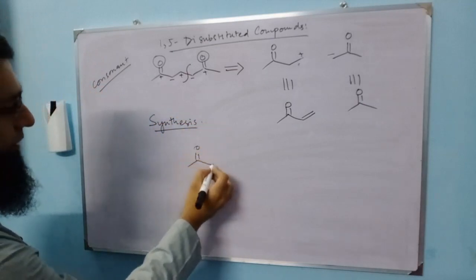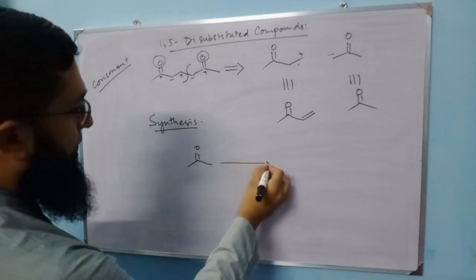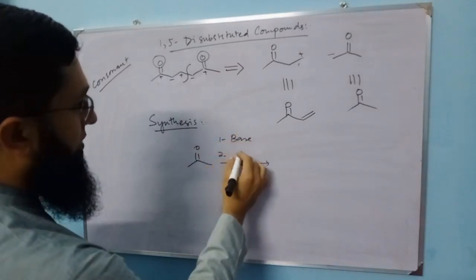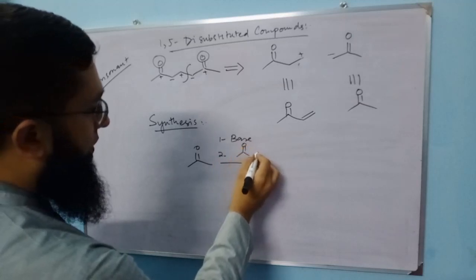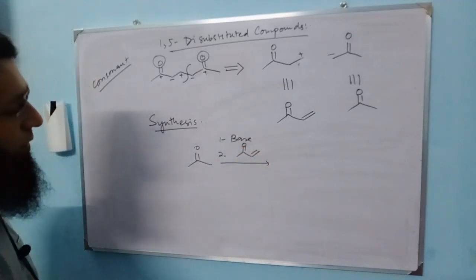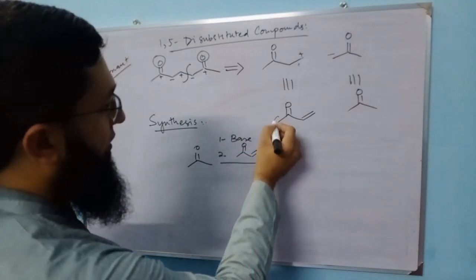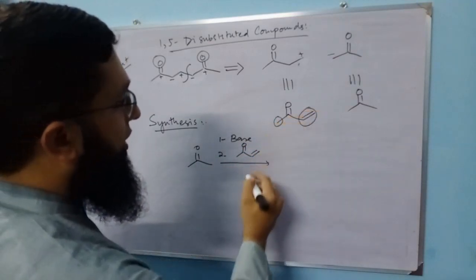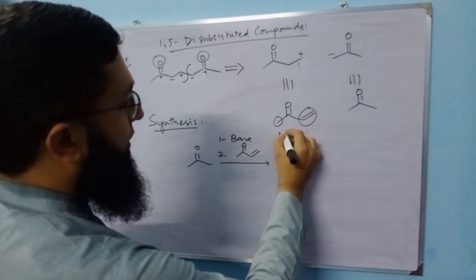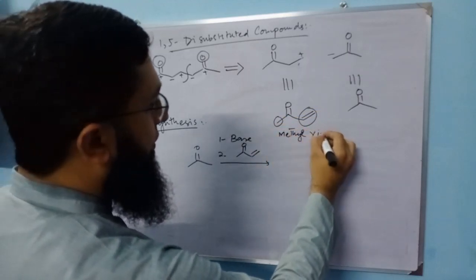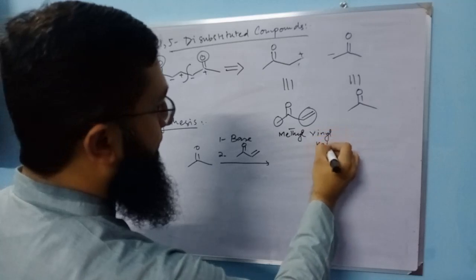Now synthesis. In the first step, we will add base, and in the second step, we will add this alpha beta unsaturated ketone, and particularly this is a methyl group, here is a vinyl group, so this is methyl vinyl ketone.